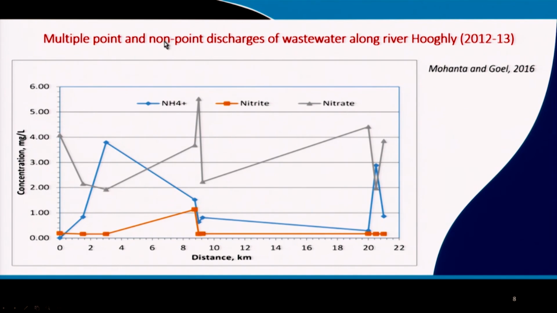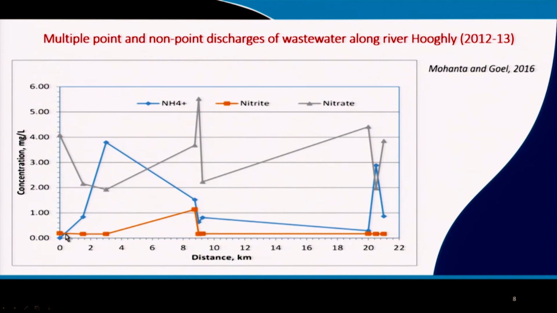In this kind of complex situation, what is the situation with respect to the nitrogen species? For ammonia nitrogen, you can see this is the north end from where we started sampling, and the area above distance 0 is agricultural area. So it's mostly villages with fields and so on, and from 0 to 22 is the length of the river that passes through the two cities of Howrah on one side and Kolkata on the other side.